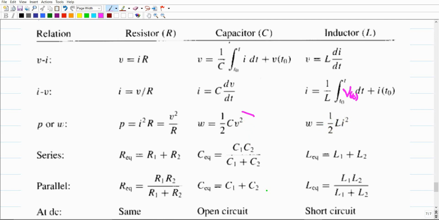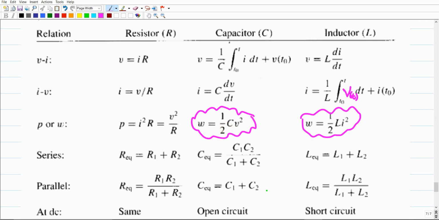It is recommended, when you calculate the energy for the previous example and the example that we demonstrated in the previous video, to use this expression. It is preferred to not integrate the power as we did before.